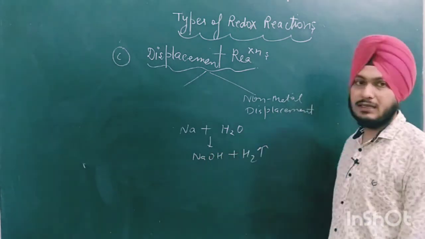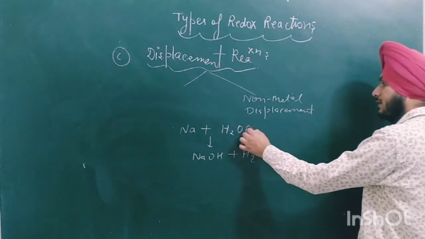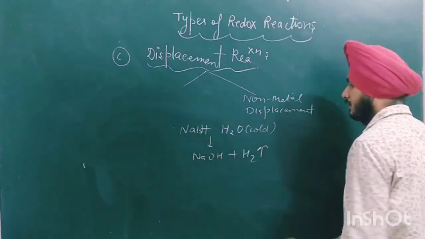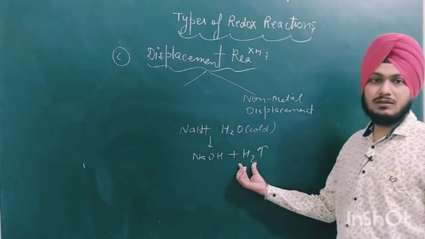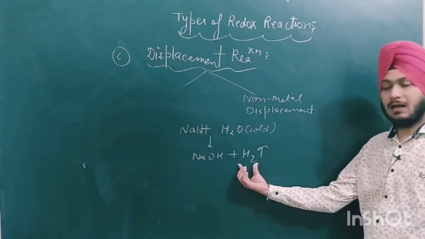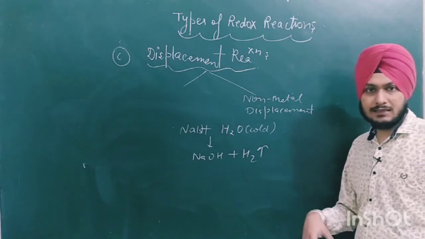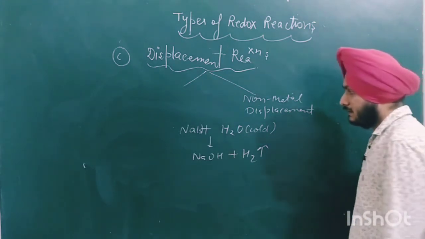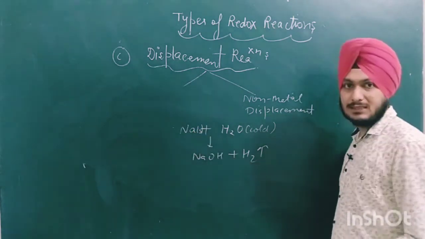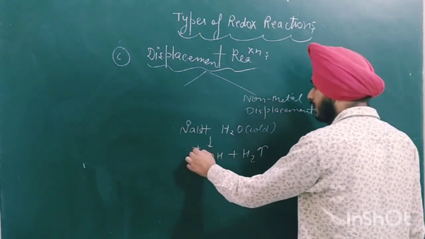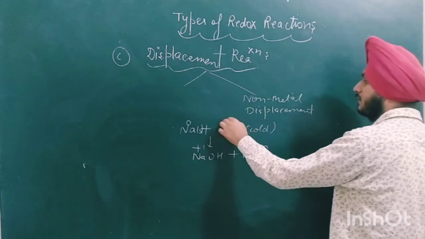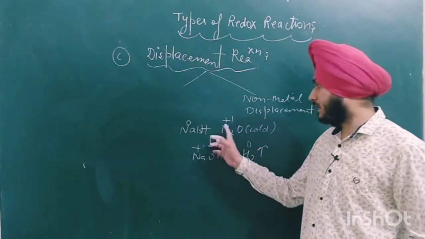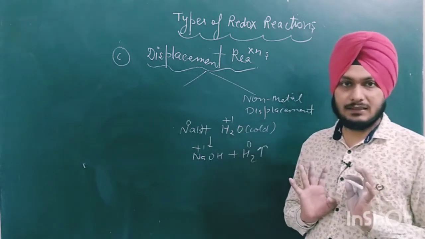They can easily react with cold water and displace hydrogen gas. The oxidation state changes from 0 to +1 for sodium, and hydrogen changes from +1 to 0. So oxidation as well as reduction takes place. That is why it is a redox reaction.